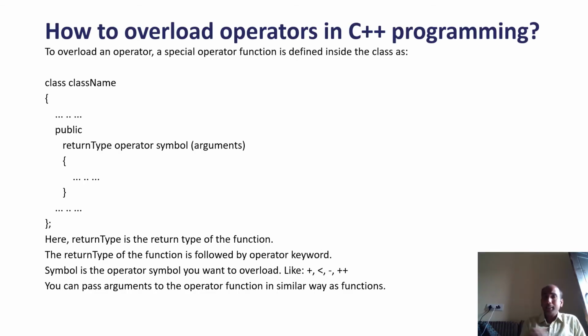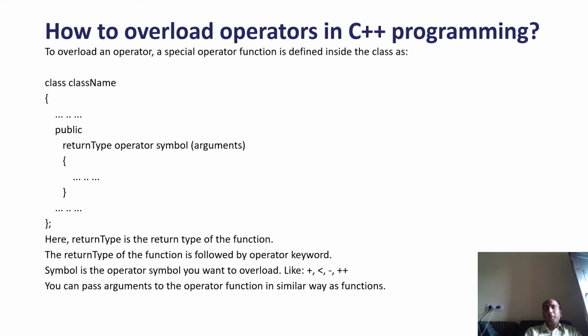Now the question arises, how will we do this? For this, we need to provide a new definition to an existing operator. To do so, C++ has given us a special function known as the operator function. What is the syntax of the operator function? The name of the function is operator.